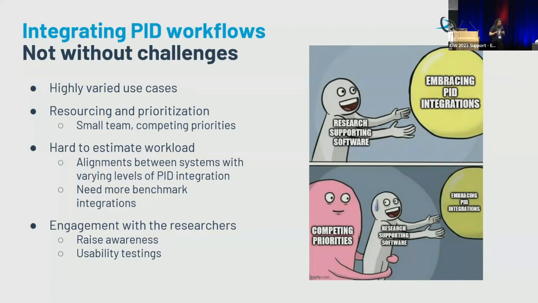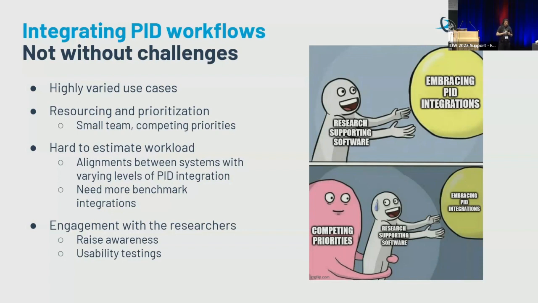This is partially because we're not all on the same level of understanding of how infrastructure or PID workflows work. So it's important to find alignment between systems with varying levels of PID integration, and we need more benchmark integrations that we can put out as examples and say, okay, if you want to do this, that is how much work it requires.